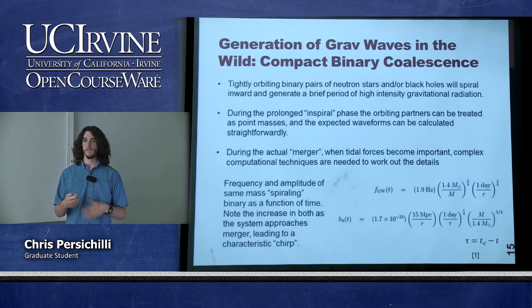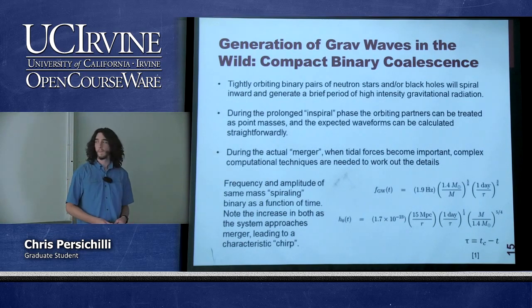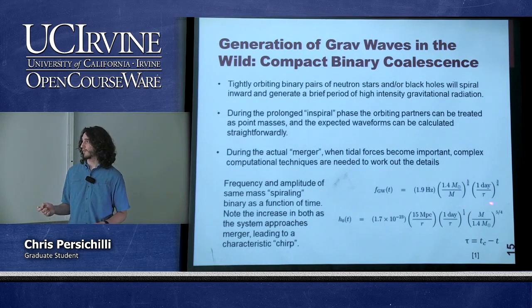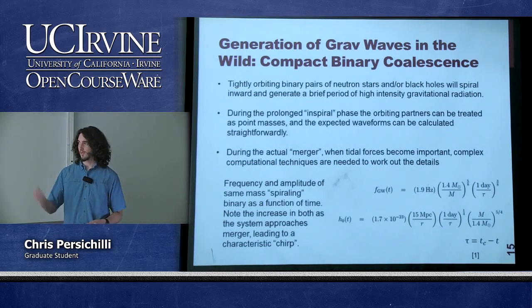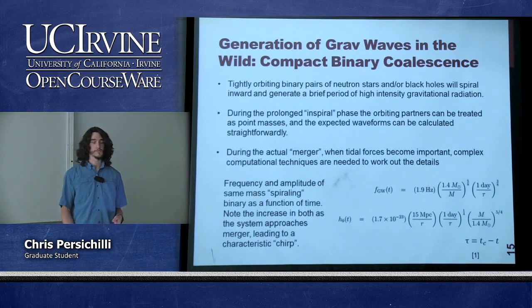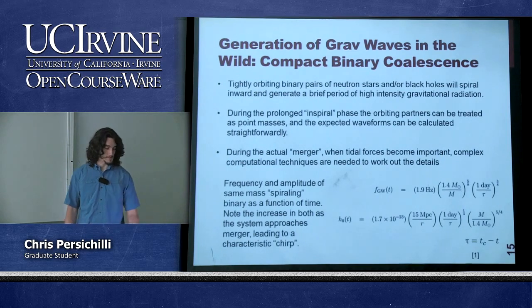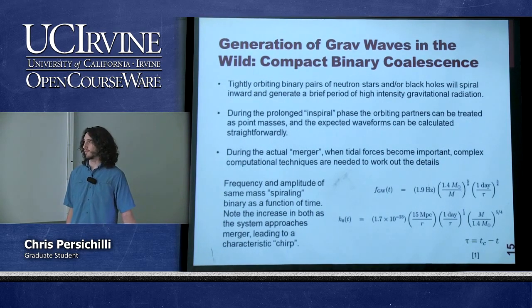In the sort of quasi-static approximation, you can derive a frequency and an amplitude as a function of time. And these both blow up as you get closer to the time that they merge, which gives a characteristic chirping signal. Basically, the frequency and the amplitude both go up as these orbiting bodies merge. And that's the signal that we hope to maybe be able to detect with these interferometers.